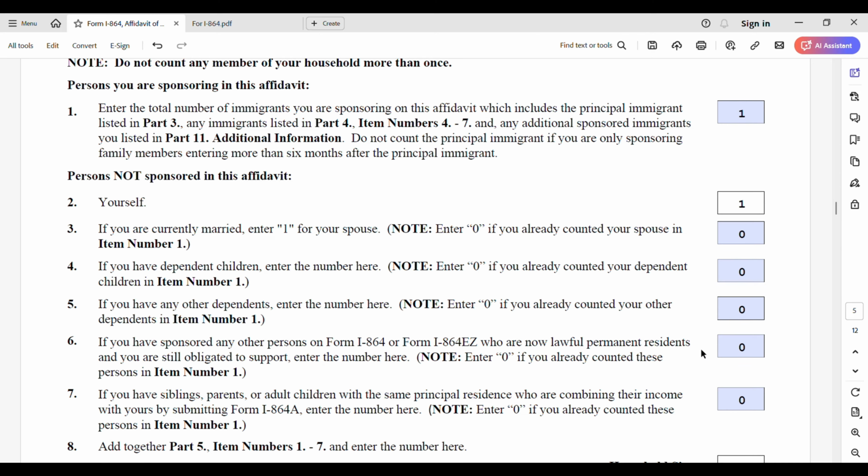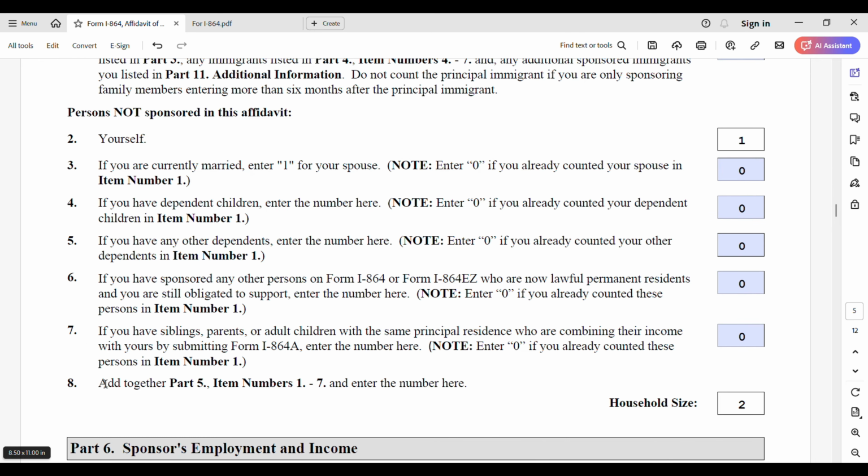If you sponsored someone before, you must enter them right here, because you're still obligated for their support until they become a U.S. citizen. For example, if you sponsored someone and she or he is still a green card holder, you must enter it right here. In my case, 0.